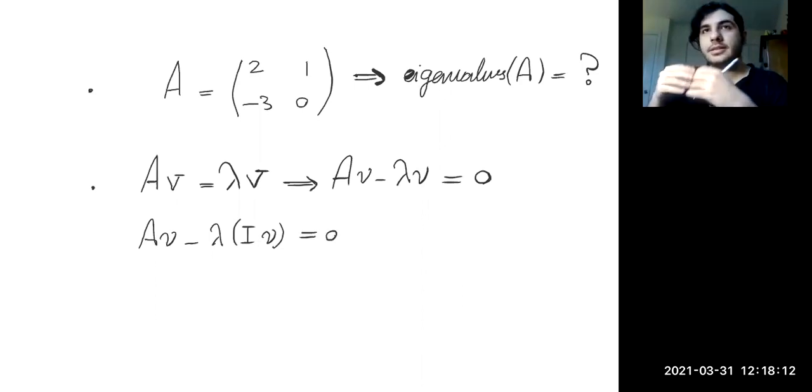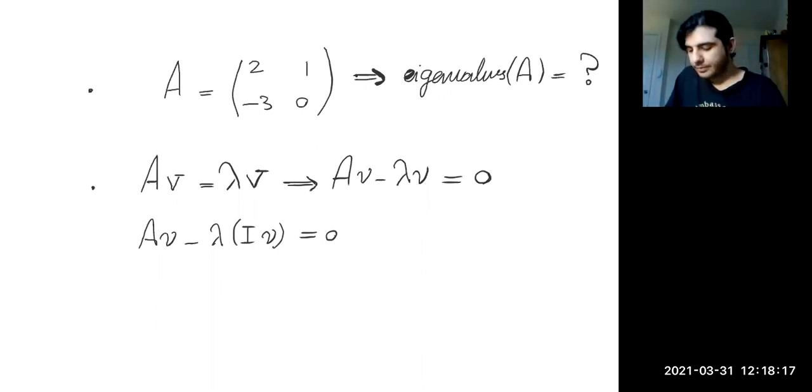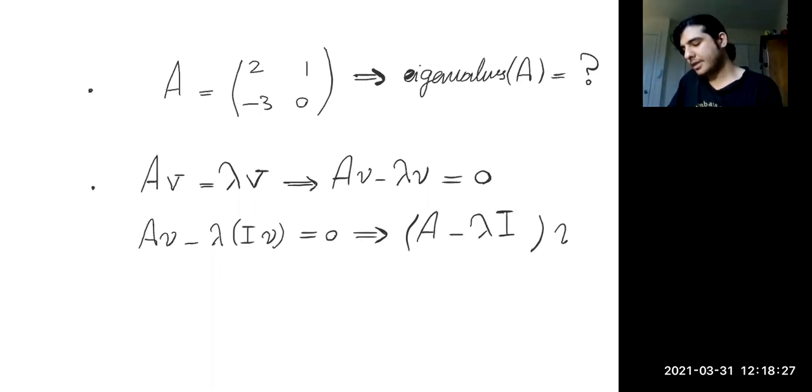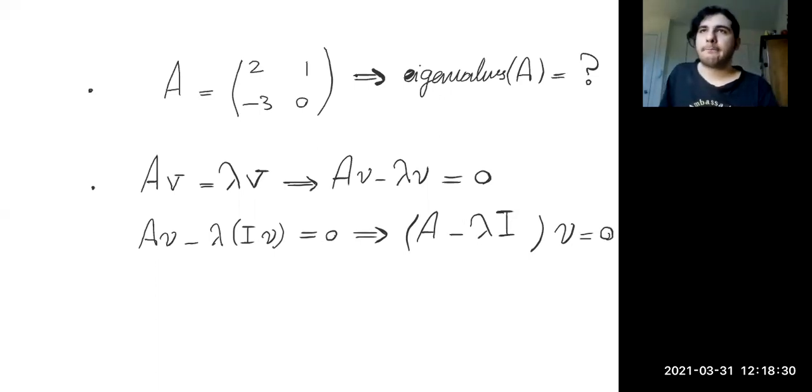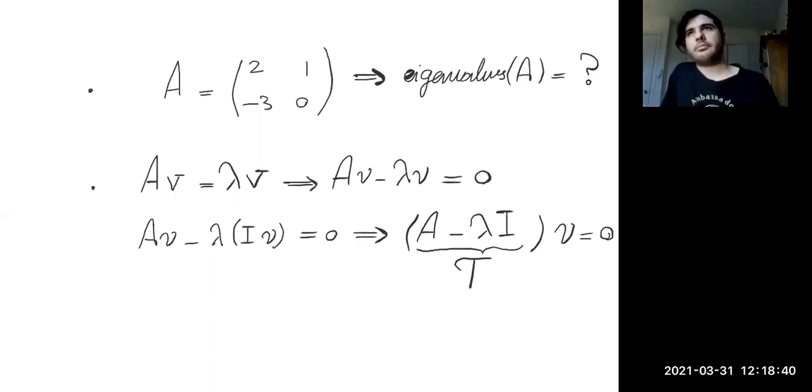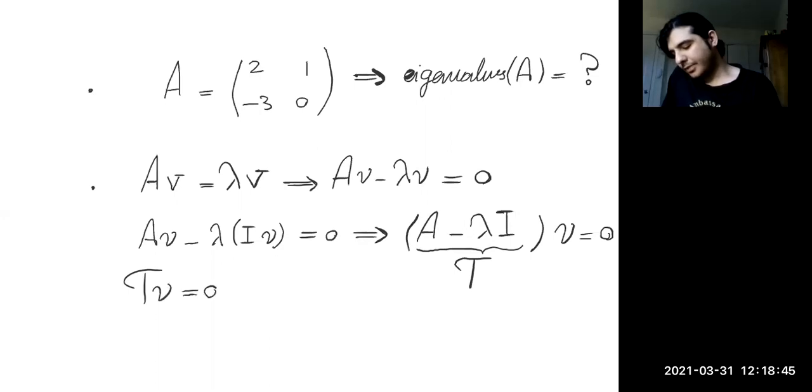So I can replace the vector V with the identity matrix times V, right? So if I factor V, it means the matrix A minus lambda identity matrix times V is equal to 0. Correct? So think about this whole A minus lambda I as a linear map or another matrix, let's say T. So it means TV is equal to 0, which means V is in the kernel of T.